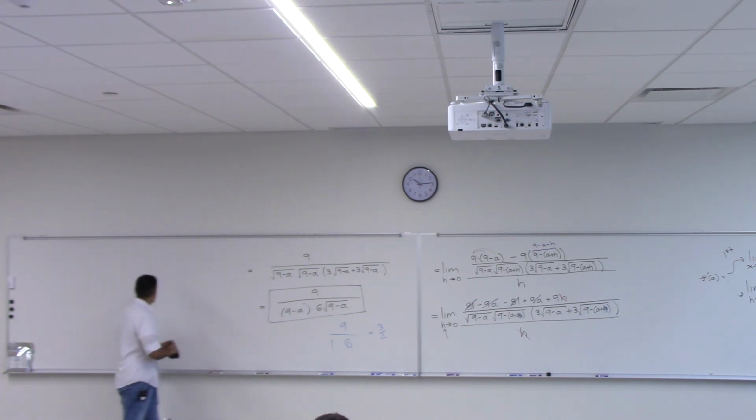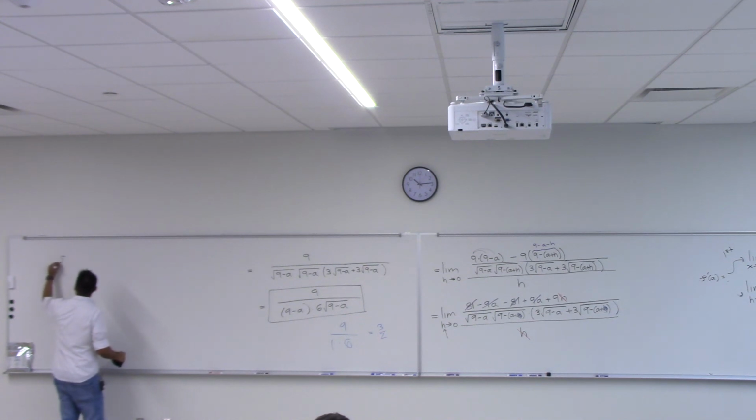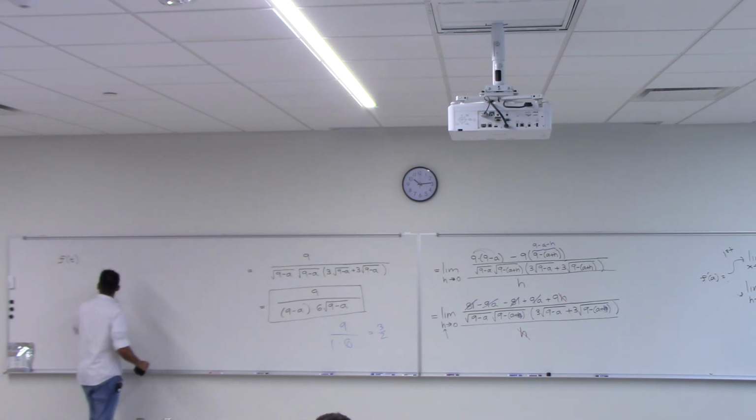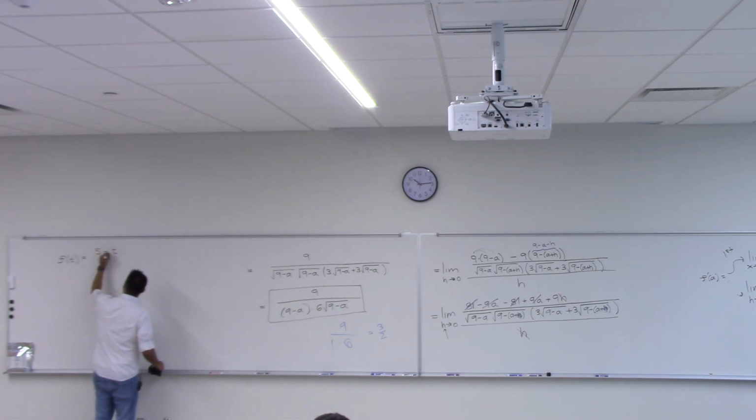How about, I'm going to use a different variable. F of t instead of f of x equals, look back in your notes. I didn't give you one like this last time, did I? I don't think I did.